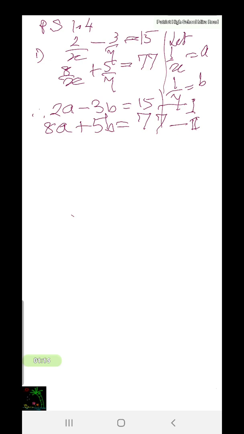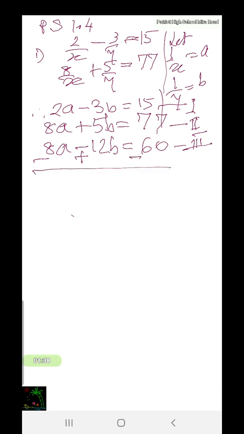Multiplying equation 1 by 4, we have 8a minus 12b is equal to 60. This is our third equation. Subtracting equation 3 from equation 2, we will have to change the signs throughout the equation.